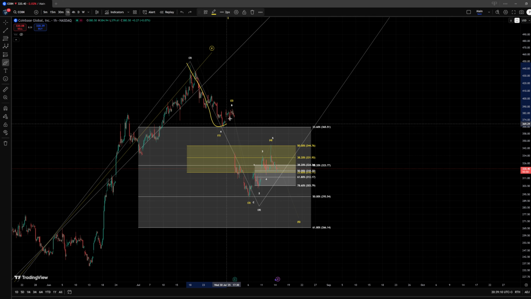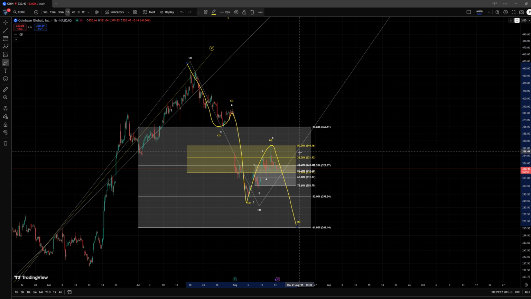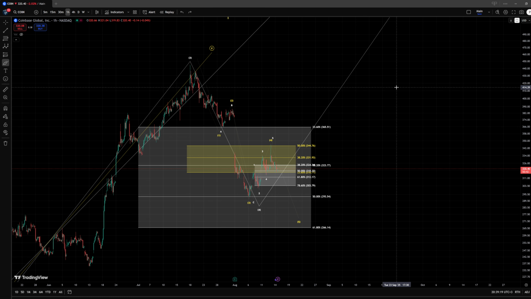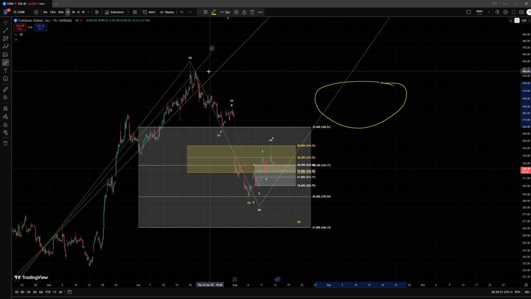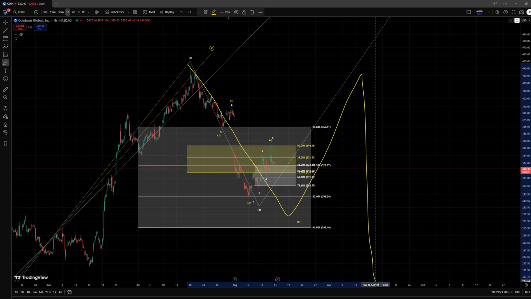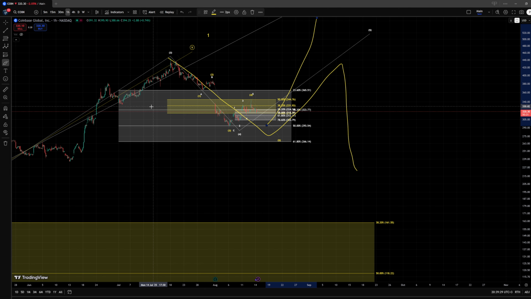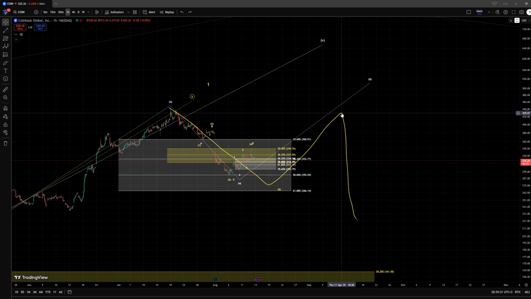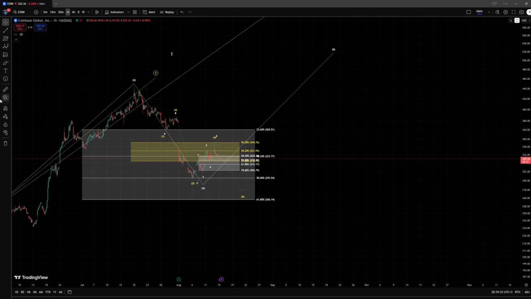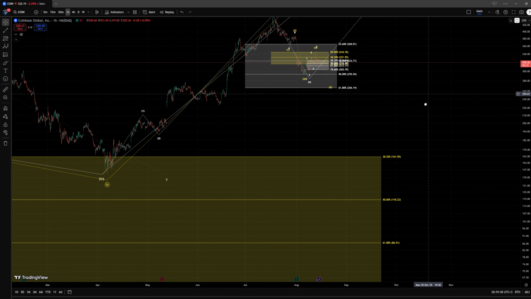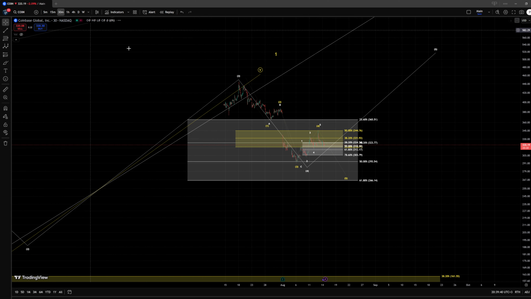But if it forms a 1, 2, 3, 4, 5, and it is pretty clear, or even if it's not, and we then push to the upside, I will track a resistance zone in yellow for a larger ABC that could actually take us to new local lows before we find new all-time highs. And that would very likely not even allow us to get new all-time highs before we even get to the yellow support zone. But this is about it for now.